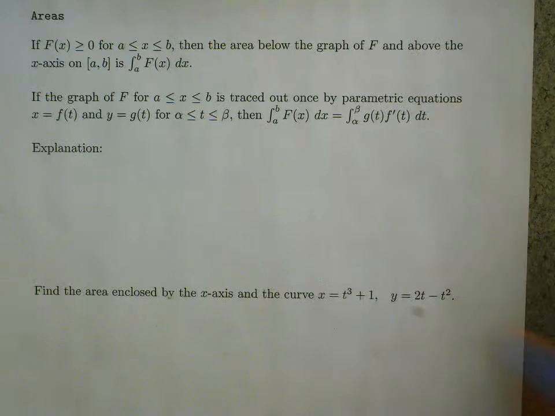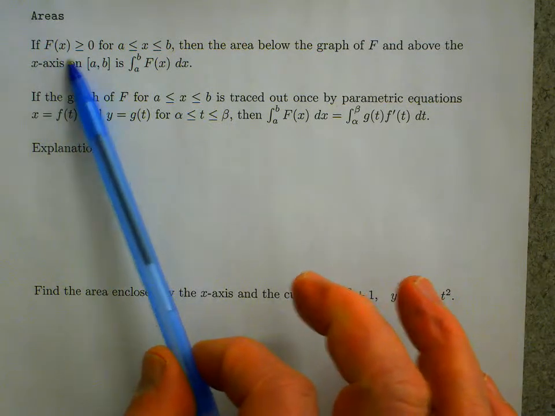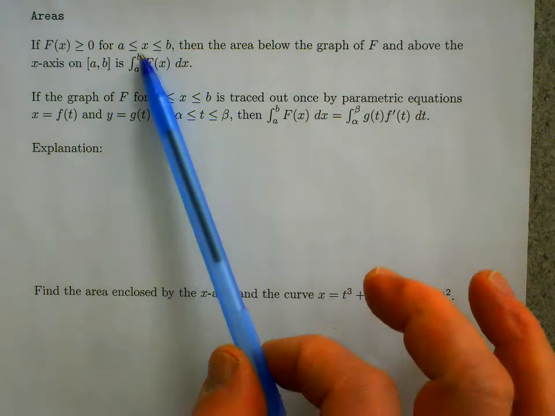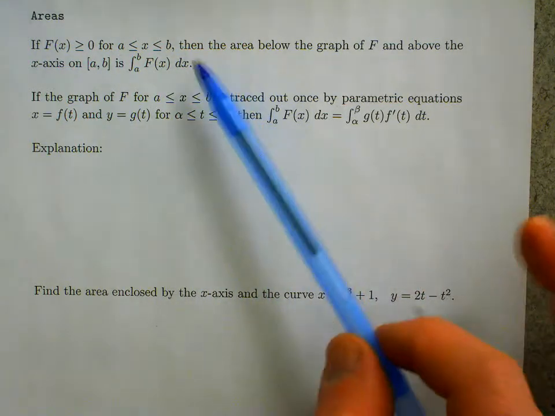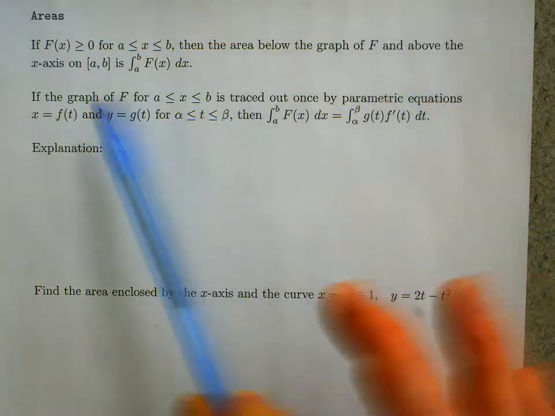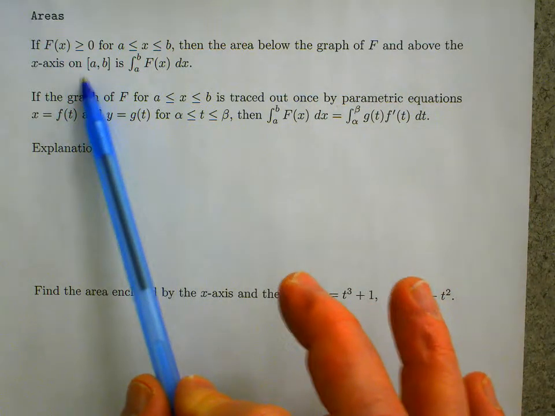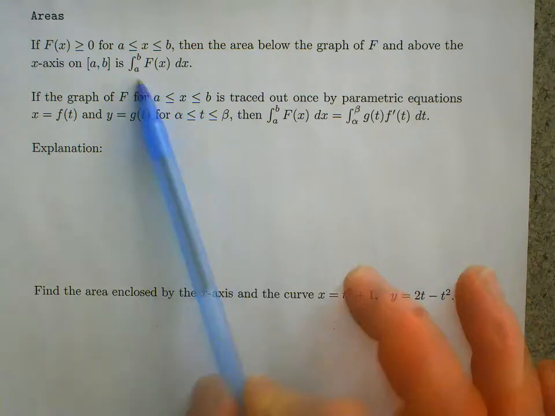One thing we already know: if capital F of x is greater than or equal to 0 for values of x from a to b, then the area below the graph of F and above the x-axis on the interval from a to b is just the definite integral of F of x dx from a to b.